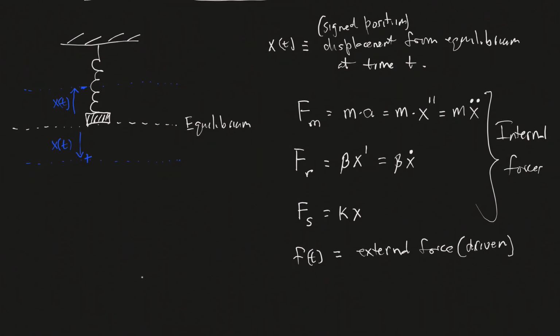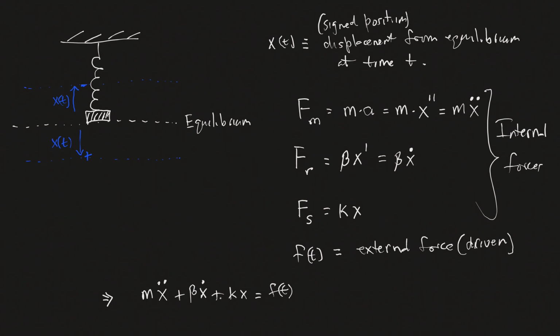By our conservation law, we have this nice equation: m x double prime plus beta x prime plus kx is equal to f of t. And this, believe it or not, is the famous spring mass model.